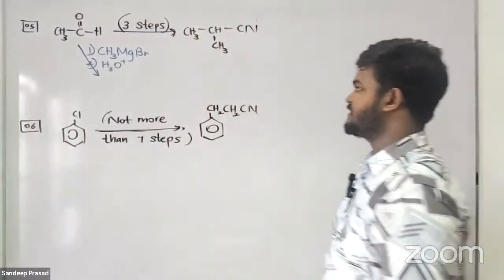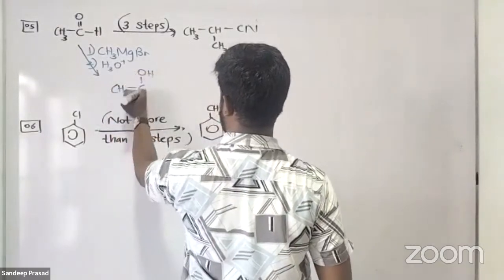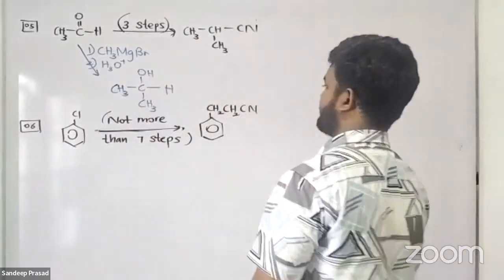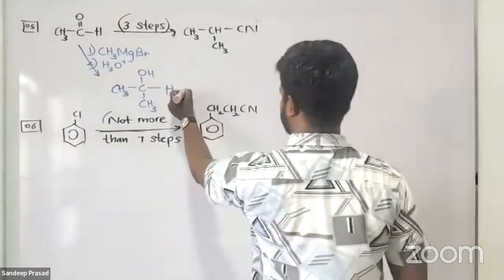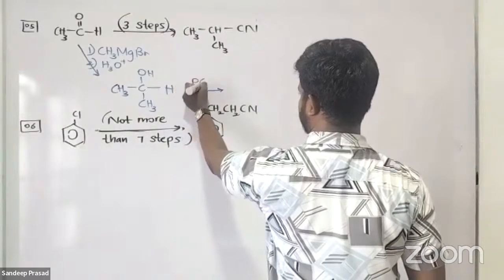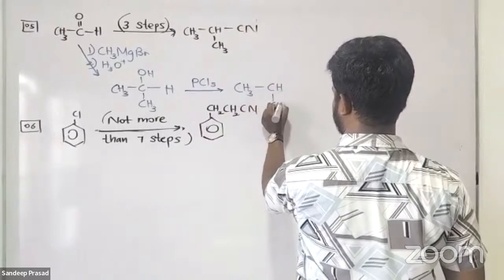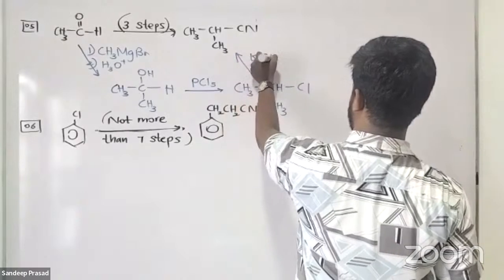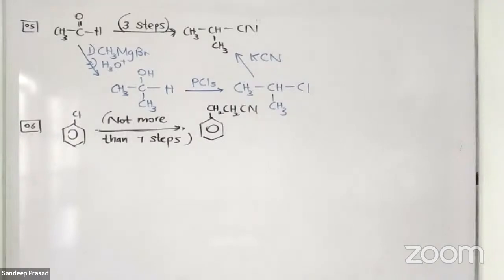Then it's forming a CH3 secondary alcohol. And for this, PCl5 is added. Therefore, CH3CHClCH3. And for this one, KCN is added. So therefore, just 3 steps are enough to do this conversion.